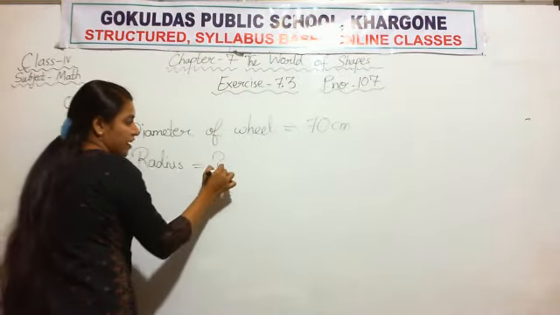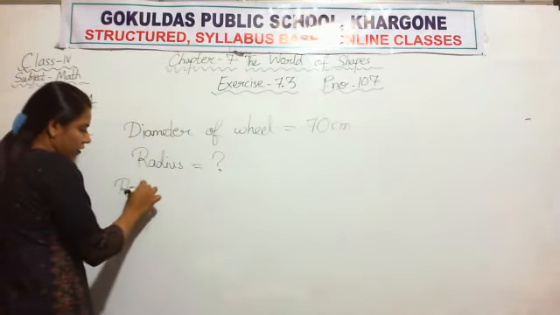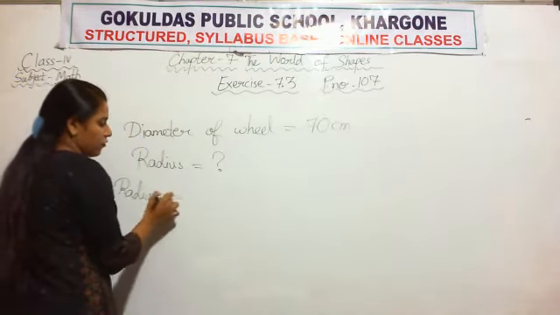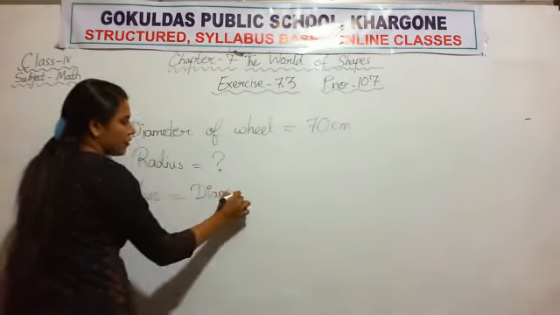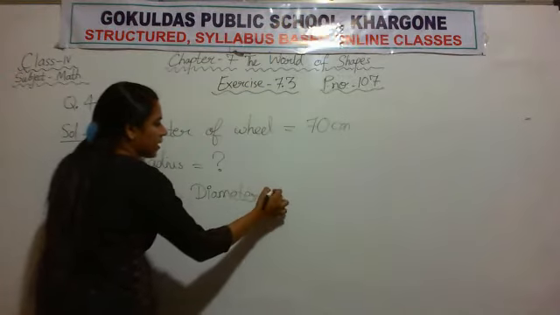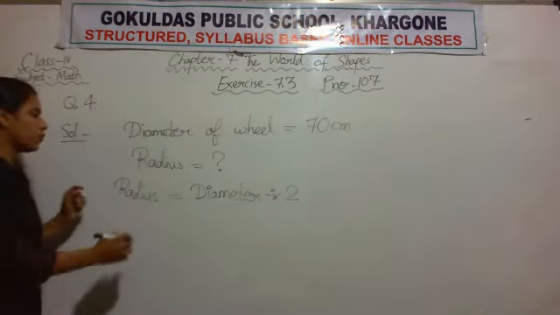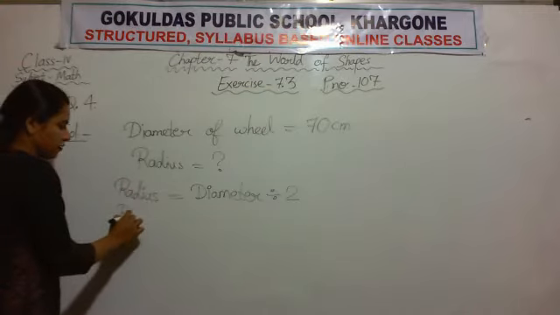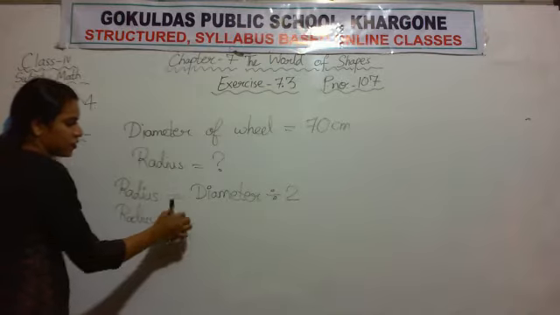We don't know what is radius. So by using the formula, we can find radius. Radius equals, what was the formula? Radius is equal to diameter divided by 2. Now put the values. We don't have any value for radius, so write radius as it is equals to diameter.